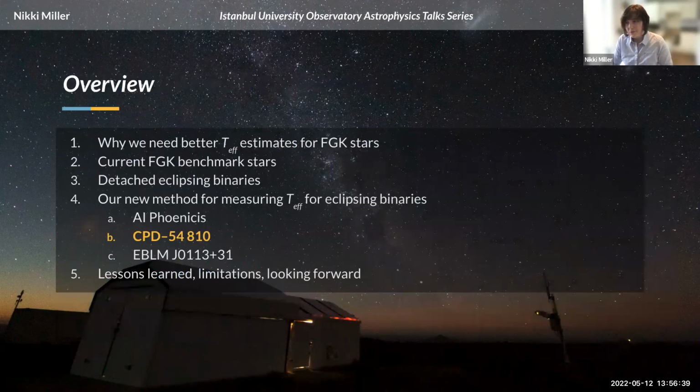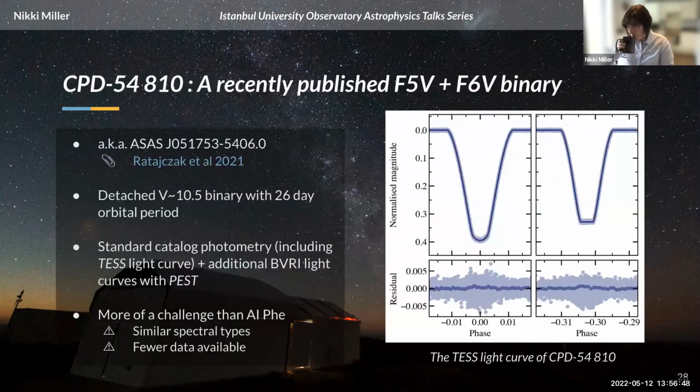So the next system that we studied has taken significantly longer, actually, because it doesn't have nearly as much good data. So CD minus 54 at 10 is a recently discovered or recently characterized ASAS binary.